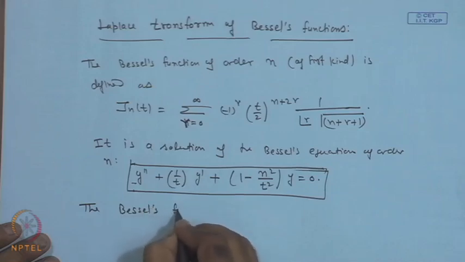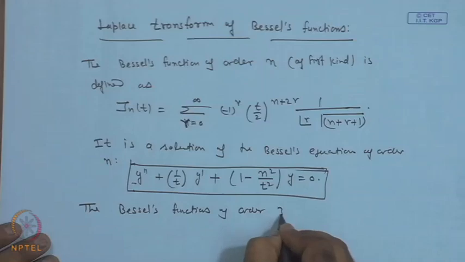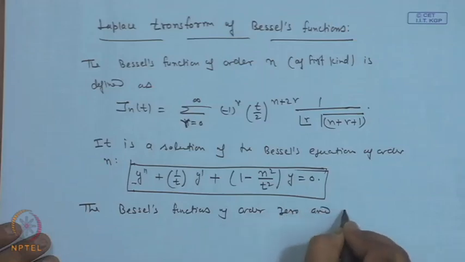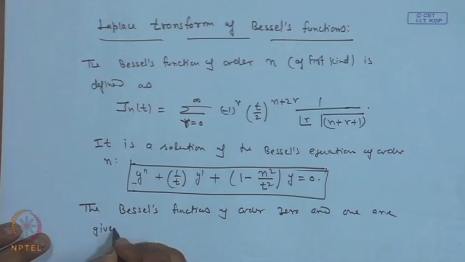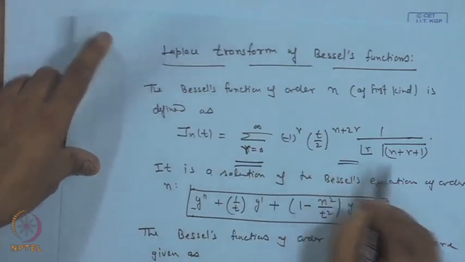So, here of our interest are two functions of order 0 and 1. So, the Bessel's functions of order 0 and 1 are given as follows. We open this sum here for n equal to 0 and 1.